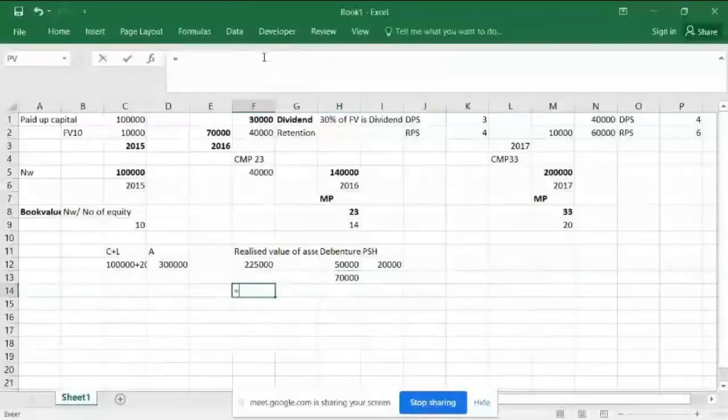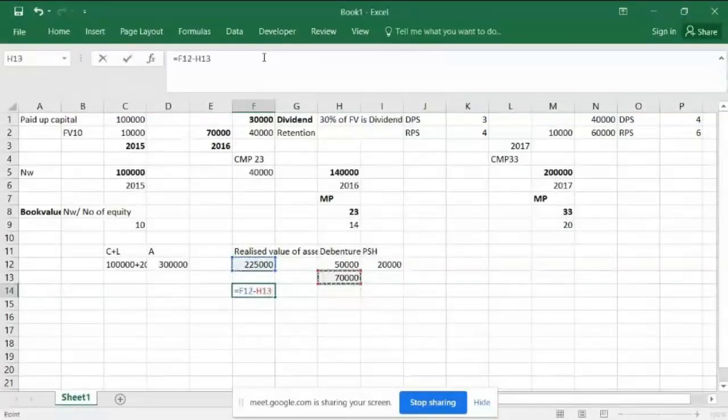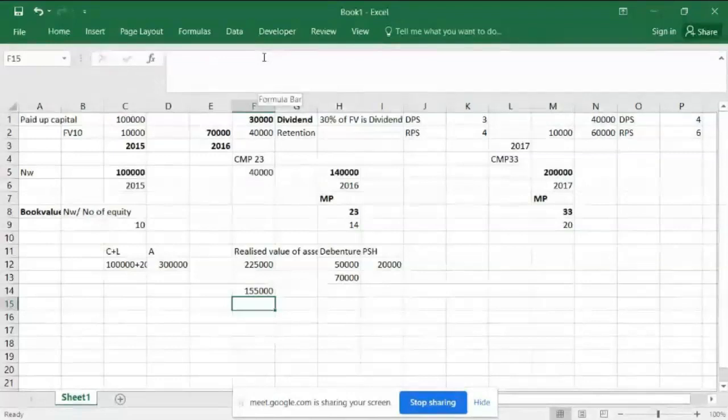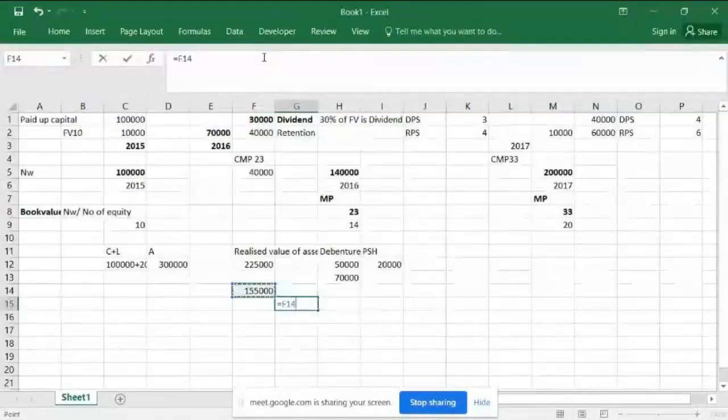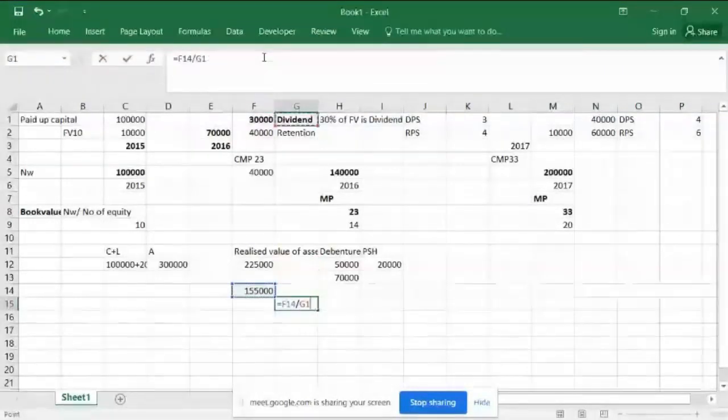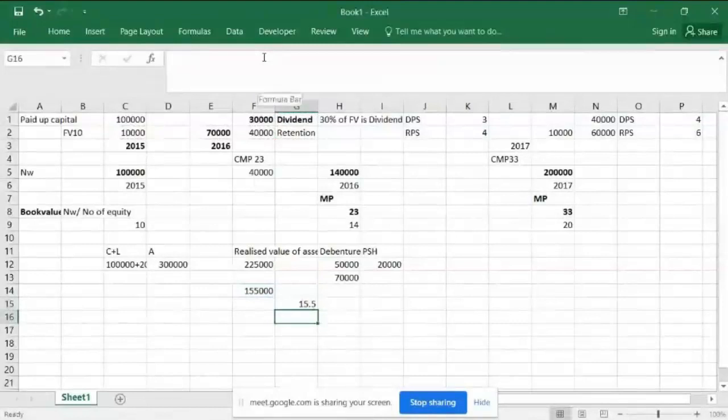So the realized value of all the assets minus the debentures and the preference shareholders, the value realized by the equity shareholders of the company, is 1,55,000 rupees. This value is divided by the number of outstanding equity shares in the company. There are about 10,000 equity shares in the company. So the liquidation value per share is 15.5, that is, 15 rupees 50 paise.